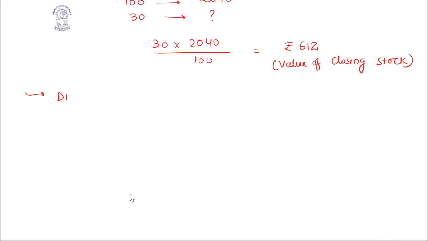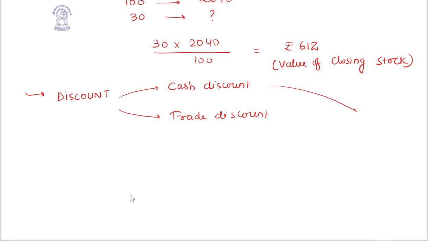Let's talk about discount. Discount is of two types: cash discount and trade discount. You should understand that cash discount will be treated as indirect income. Cash discount is offered for making prompt payment, and that is why it is an indirect income.